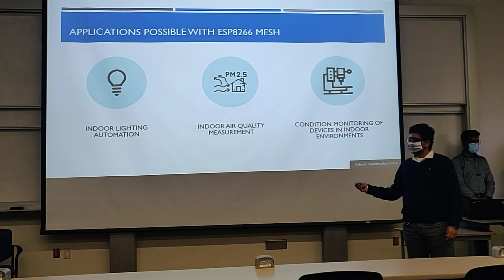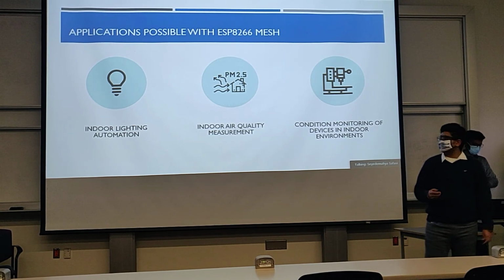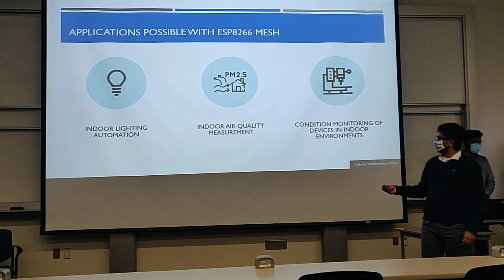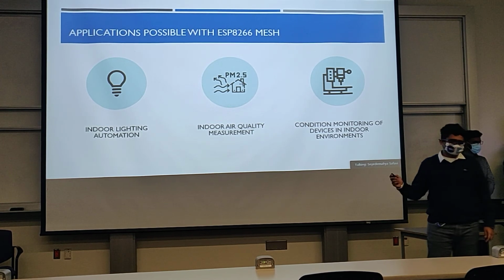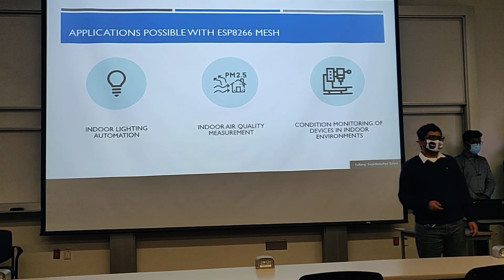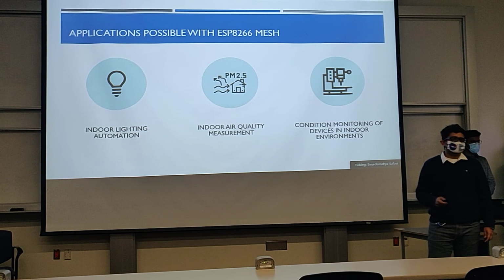The next one is indoor air quality measurement, because these devices are placed in a small environment, and you can easily measure the air quality in a building. The last thing we looked at was condition monitoring. If it's a big shop floor of a factory, you might be able to use these ESP devices connected to your machines and create a small mesh.